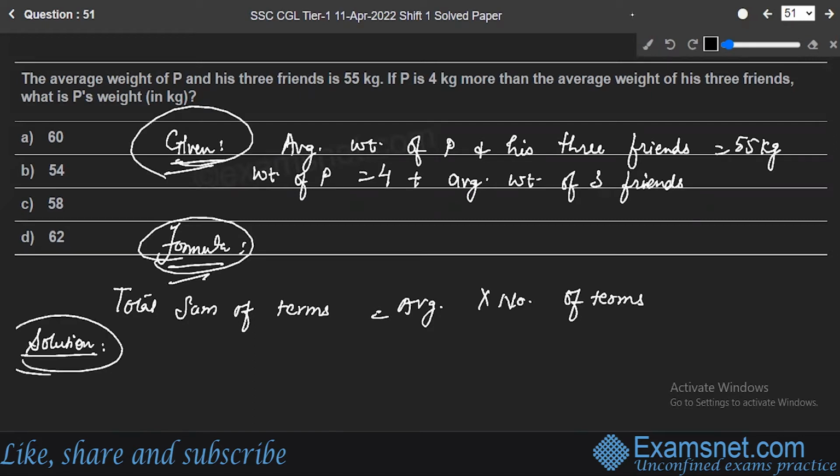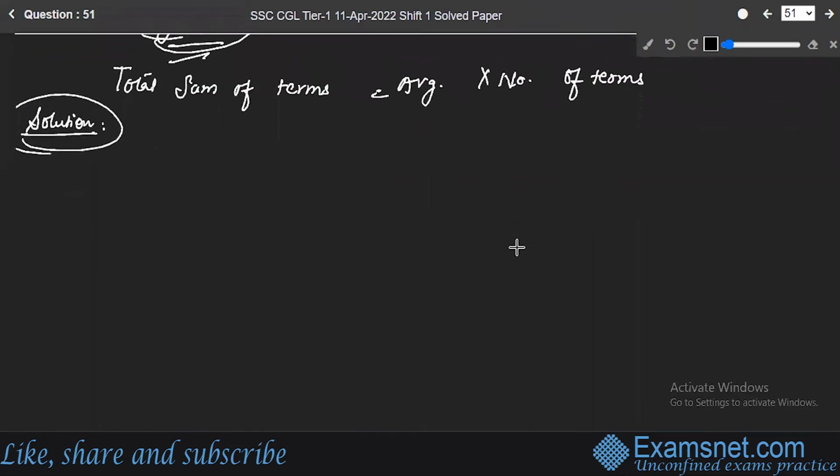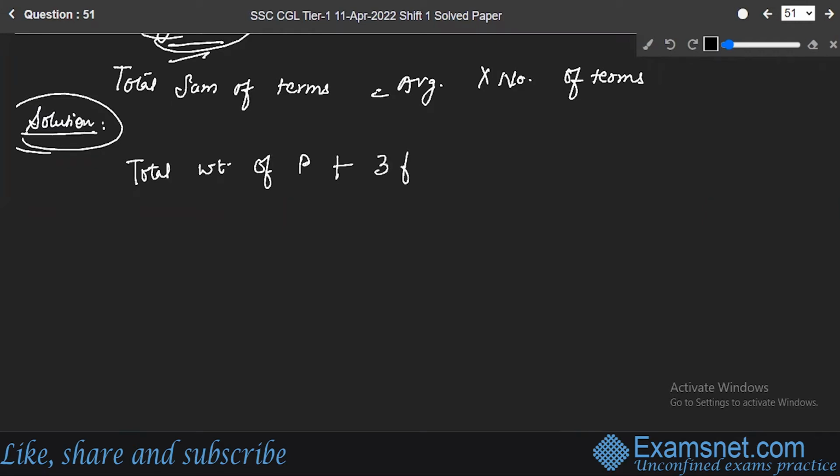So the solution says the total weight of P plus three friends is equal to 55 into 4, because one is P and then three friends, a total of 4 people are there. That is equal to 220 kgs.